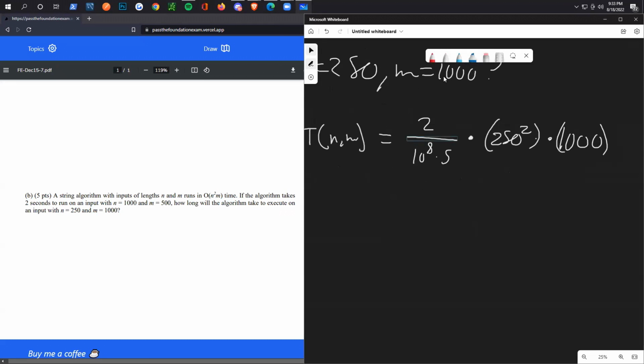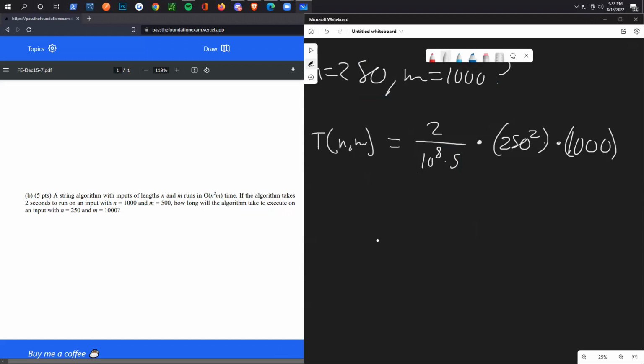So again, we can do the same manipulation. For 250, I'm going to write this a little bit differently. We can rewrite this as 25 times 10 to the 1, times 10 to the 3 for the 1000.